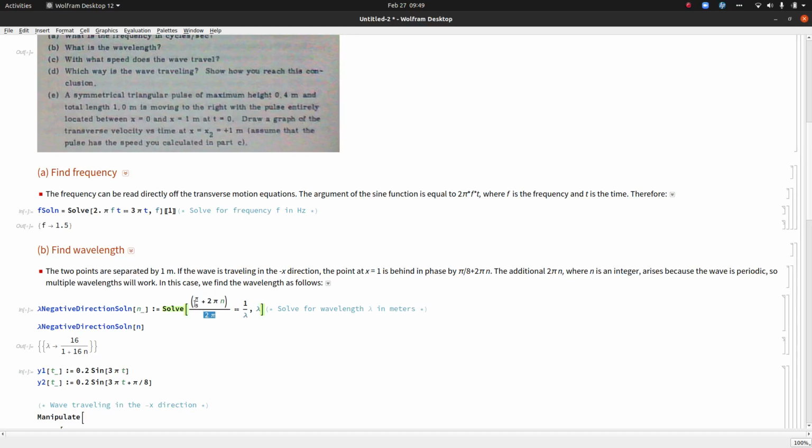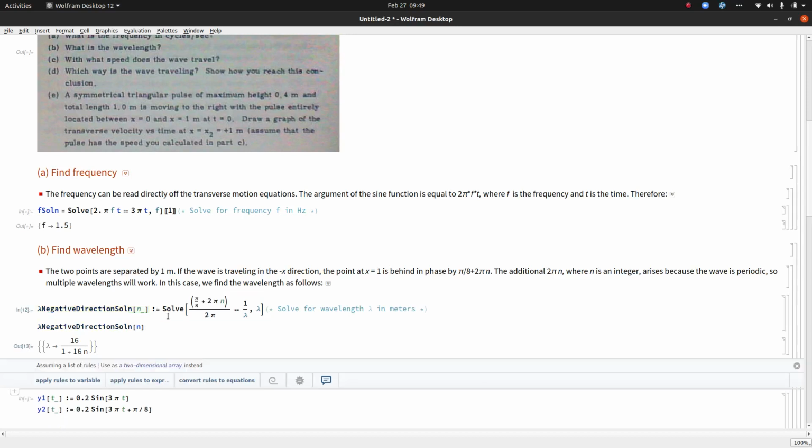Similarly, in phase, that would be 2 pi, and I've got to have that off by this amount. So we're going to solve this equation for the wavelength in meters. When you do that, you will see we get a wavelength that is given by 16 divided by 1 plus 16n, and the results will be in meters here.